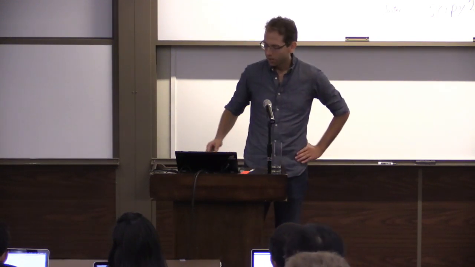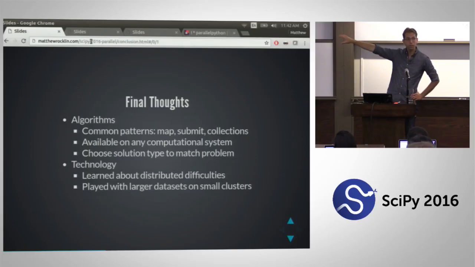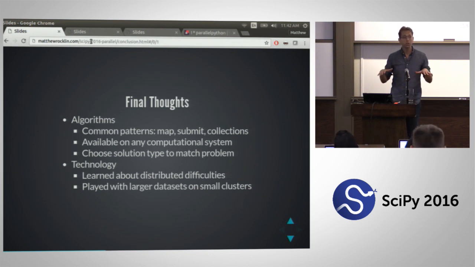Okay. So we've seen in the first section a bunch of parallel algorithms, things like map and submit and collections. And we've seen briefly how they differ and the different ways of thinking. And we've gotten a little bit of light exposure to a few different libraries. The goal of this tutorial was not to give you in-depth exposure to any particular library, and I think we've probably succeeded in that.